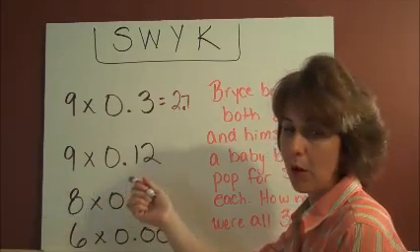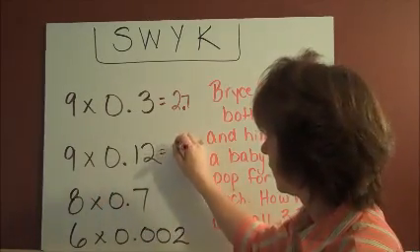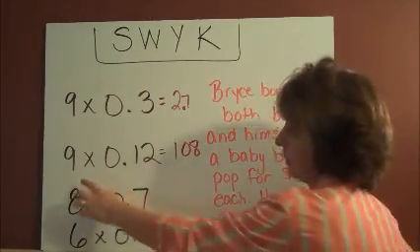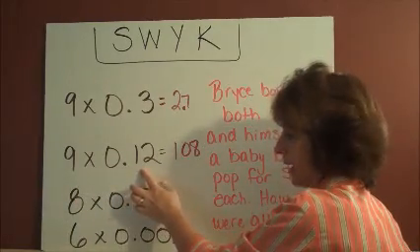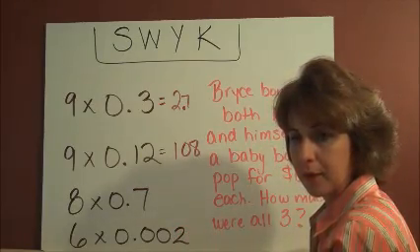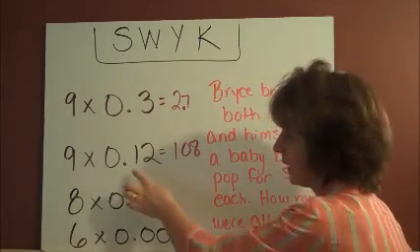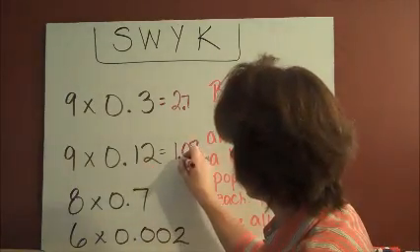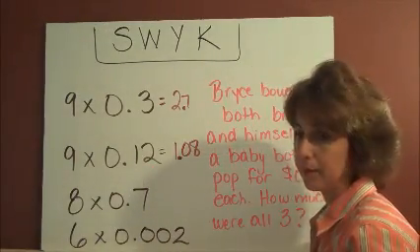9 times 12 hundredths is 9 times 12 is 108. But we have 108 hundredths, which we can correctly write if we count the digits behind the decimal and be sure that it matches in the answer.